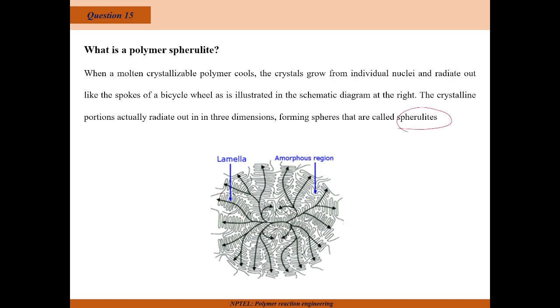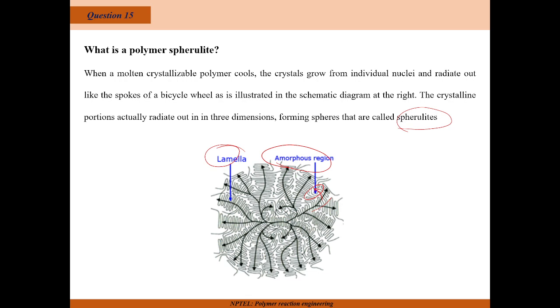Here we can see a proper crystalline part, called the lamella, and some regions a bit far from the center of this crystalline part, which form an amorphous nature and are called the amorphous region.